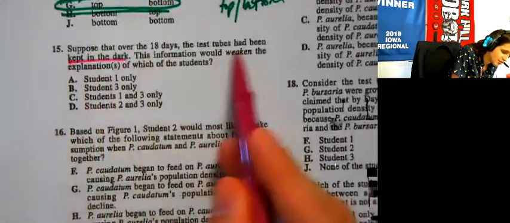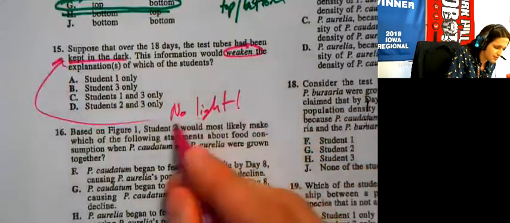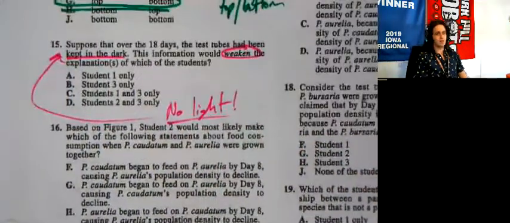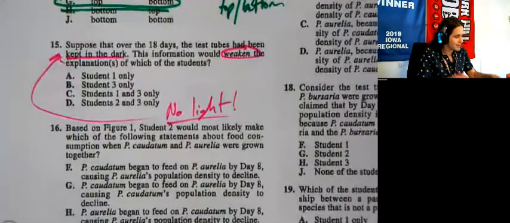Number 15, suppose that over the 18 days the tubes had been kept in the dark. This information would weaken the explanation of which student. So if they're kept in the dark, that means there's no light. Who talks about there's something needing light? Somebody must.